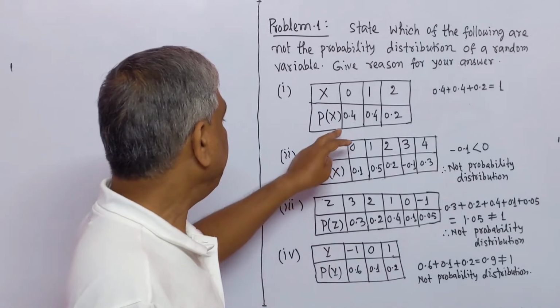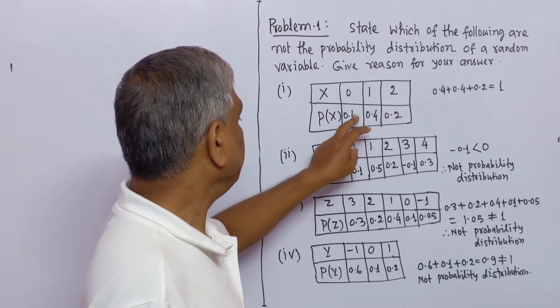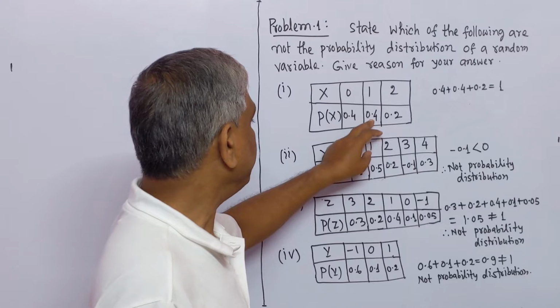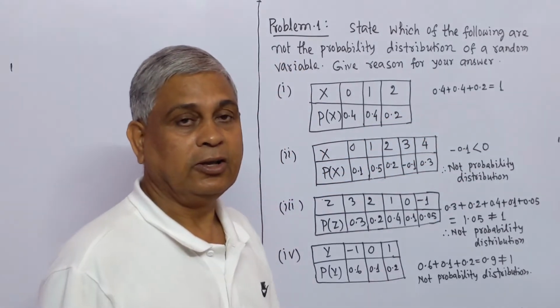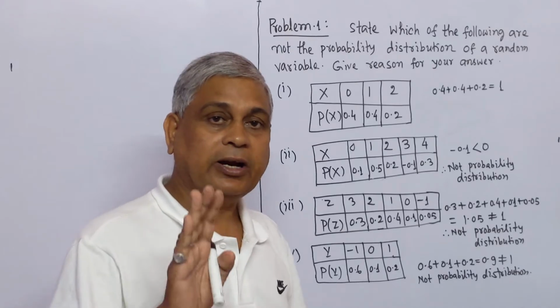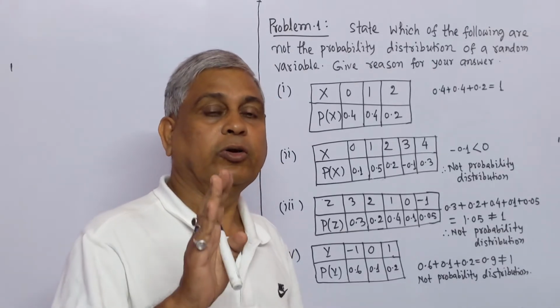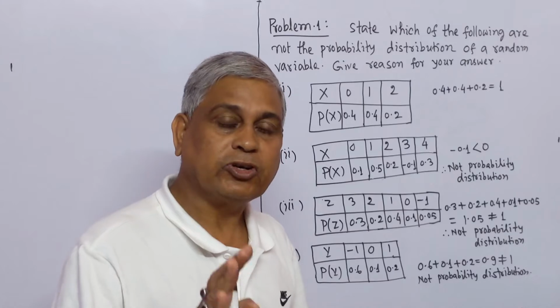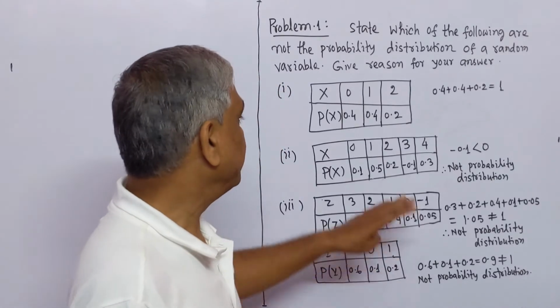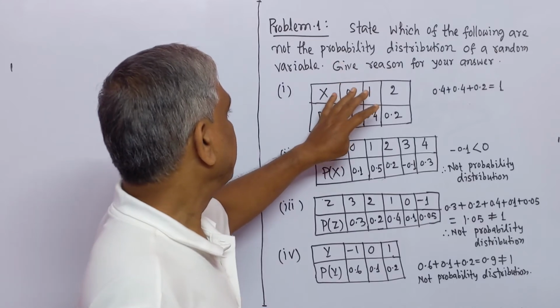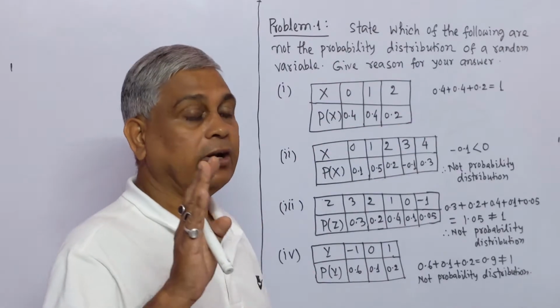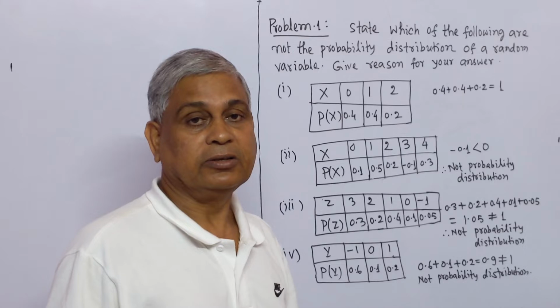Again, if we add these probabilities, 0.4 plus 0.4 plus 0.2, this equals 1. So all the conditions for a probability distribution of a random variable are fulfilled here. So this is a probability distribution of a random variable.